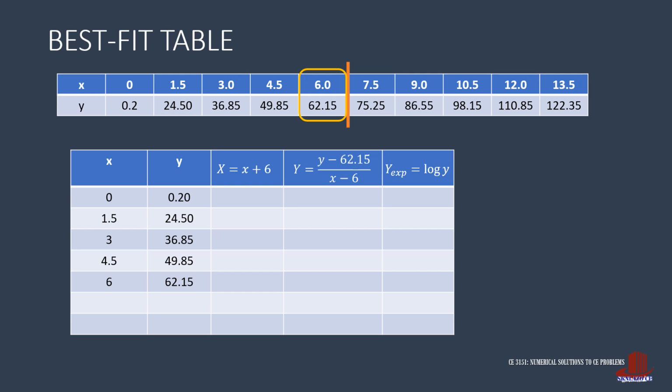So let's start filling out the table. From the third column, we have 0 plus 6, which is 6. And the same simple addition of 6 to x is used all throughout the data points. The following column involves both x and y with the function y less 62.15 all upon x minus 6.